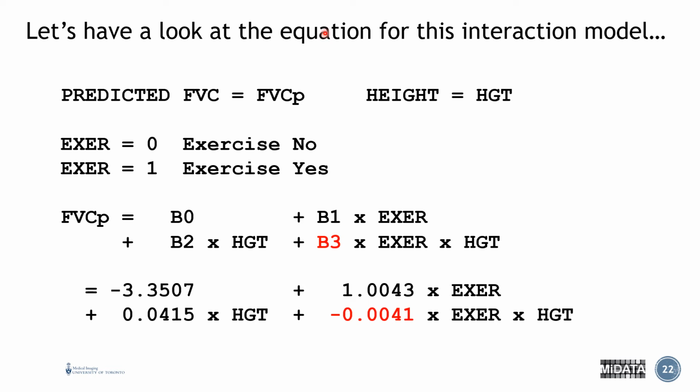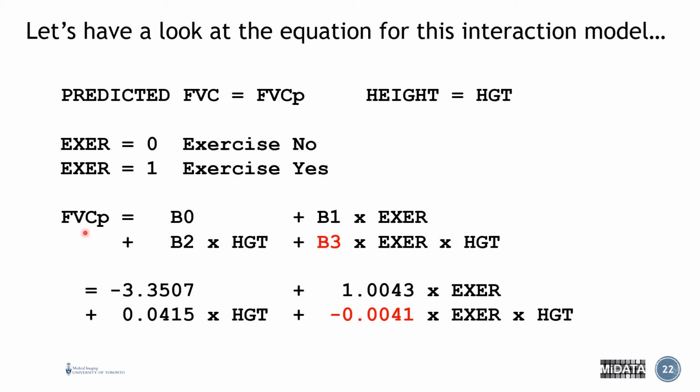Let's have a look at the equation for this interaction model. The predicted FEC, we're going to call FECP. Height, of course, as you know, is HGT. Exercise can be 0 or 1, which is essentially no or yes. Now, here's the full equation.